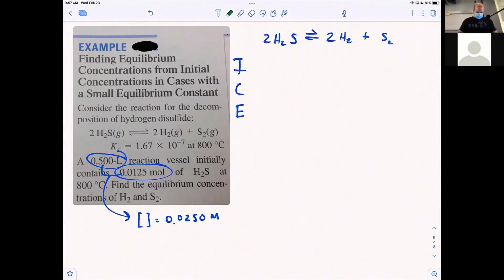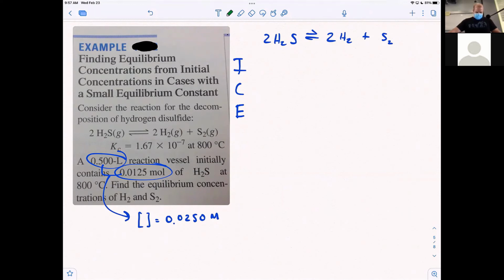And this is where things get a little easier. Things can get a little easier, and you will see some of this quite a bit, especially in the next chapter. So let's look at this equation here. 2 hydrogen sulfides in equilibrium with 2 hydrogens and sulfur.